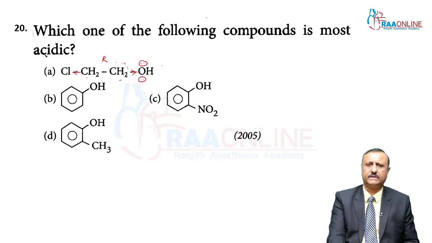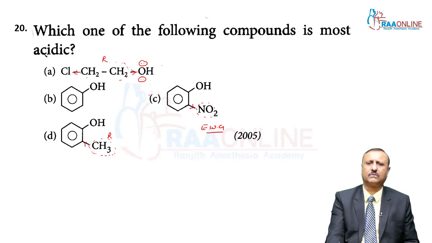So when we see the acidic character of this phenol, the alkyl group increases the electron density, so acidic character decreases. And in this compound, the phenol repels the electrons and this is also an alkyl group, so it decreases the acidity. Here in B and C, you can see the NO2 group is an electron withdrawing group, so it increases the acidity.